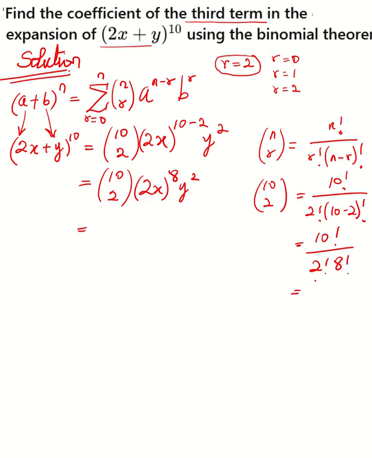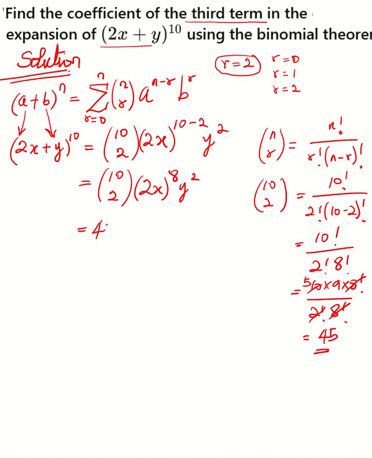And that is nothing but 10 times 9 times 8 factorial over 2 factorial, 8 factorial. 8 factorial cancels out 8 factorial. 2 factorial is 2, which is 2 times 1. And 2 in 10 is 5. So 5 times 9 is 45. So which means that 10 combination 2 is 45.